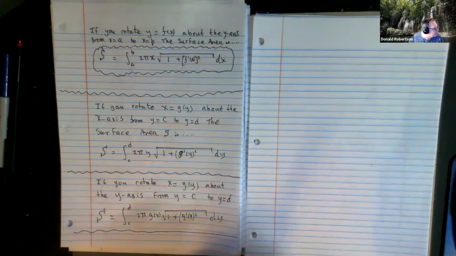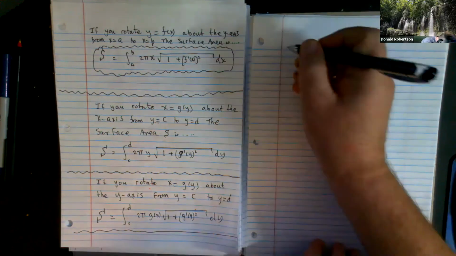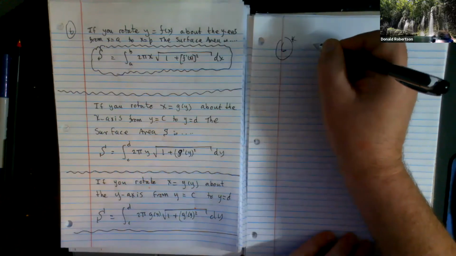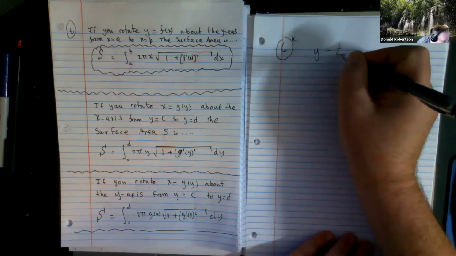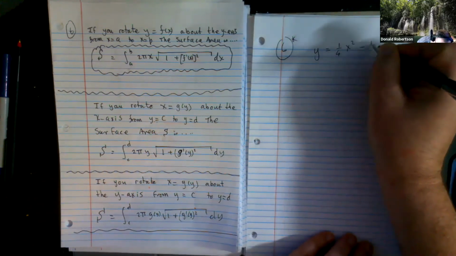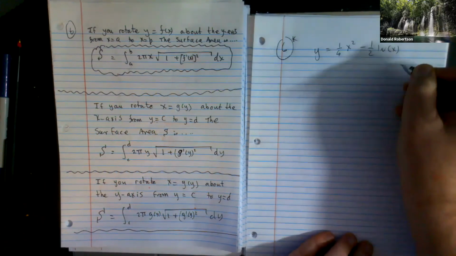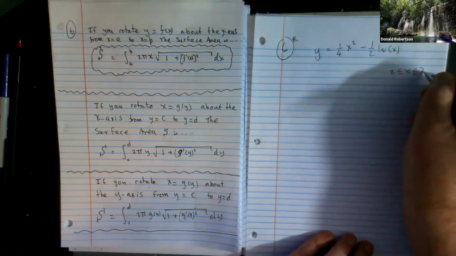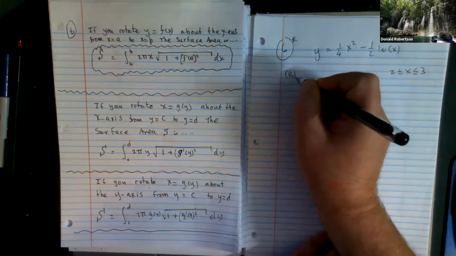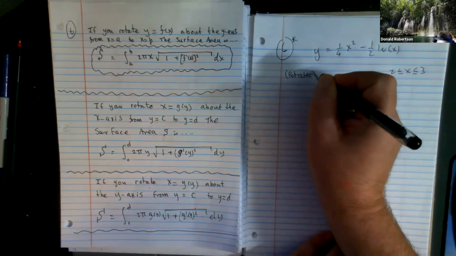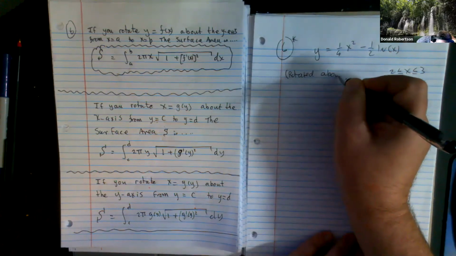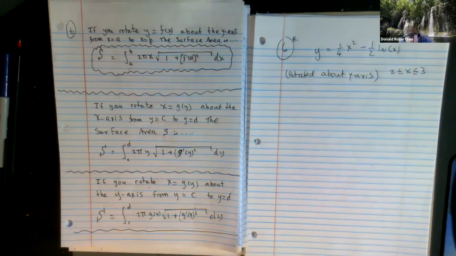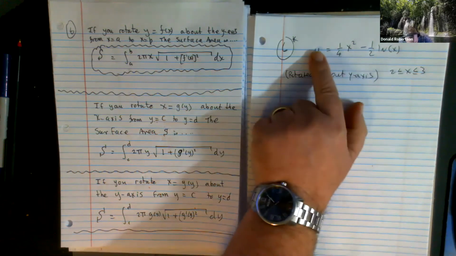So the question that looks like this one, I'll put a little 6 on it to remind you, is the curve is 1/4 x squared, take away 1/2 log x, and it's still x from 2 to 3, but the major difference is that you're going to rotate it about the y-axis. So you need to read the question carefully. Is this an f of x question? And which axis is it rotating about?